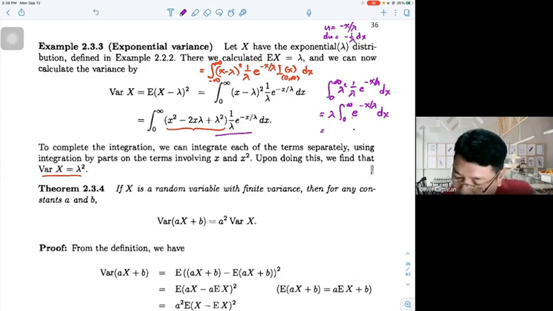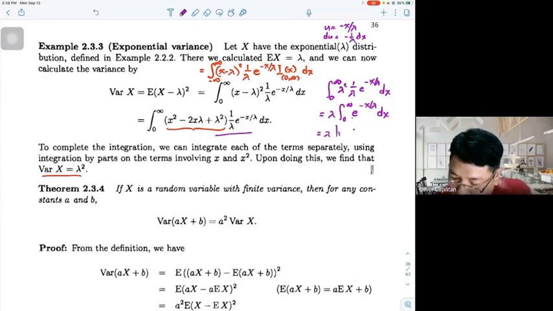So pwede natin ito, magiging lambda square, negative lambda square, and then we have here, by the way, you're going to transform this first into the limit function, using the limit function before proceeding. We have here, say, lambda.